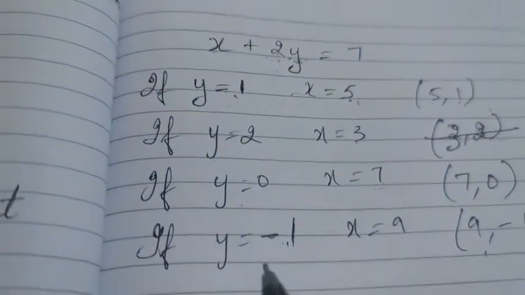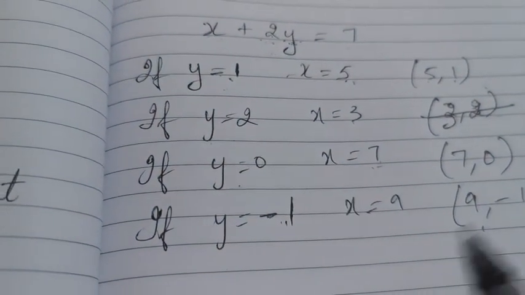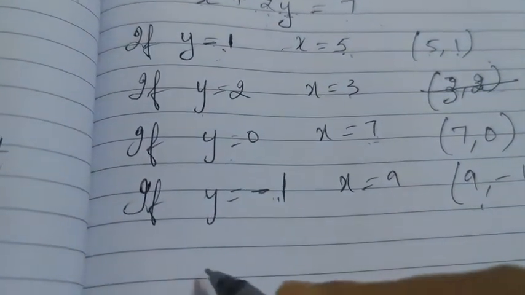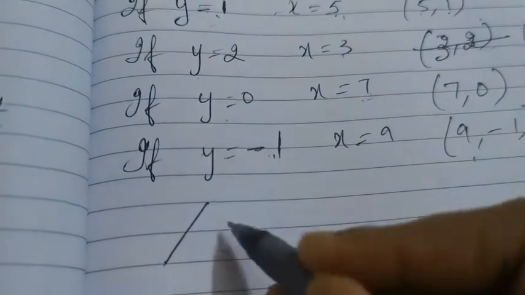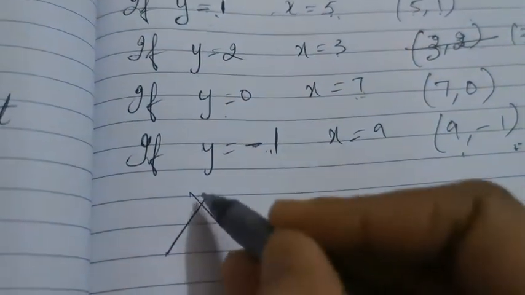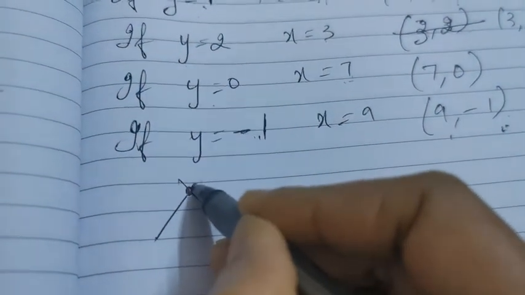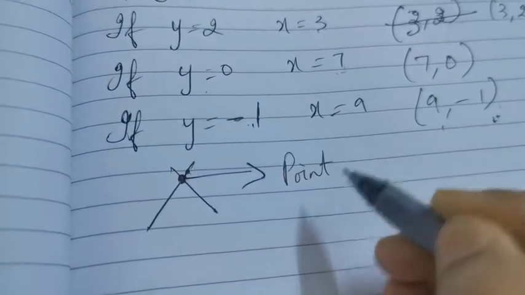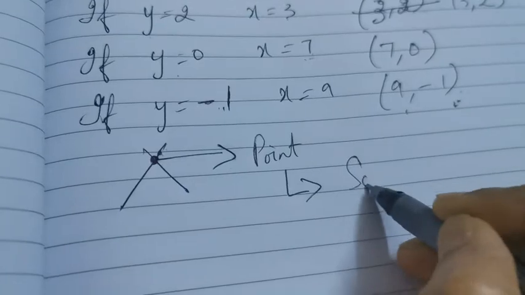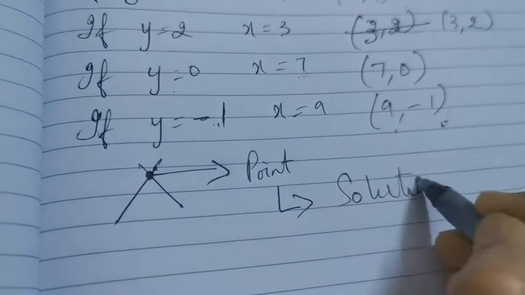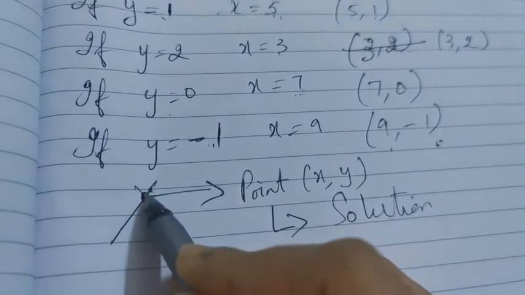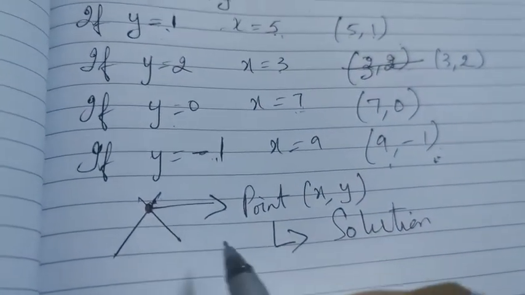The first equation will give you a straight line. Another equation will give you a straight line. Wherever the 2 lines meet, you have to find the point over there. This point is the solution. You have to find the x coordinate and the y coordinate of the intersecting point of the 2 lines.